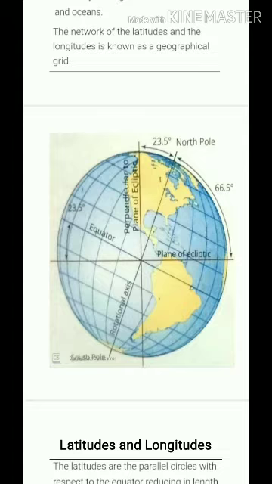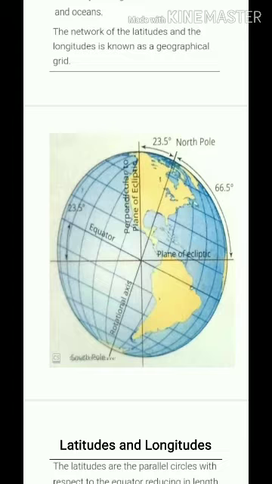Just see here. Here are the horizontal lines which run from east to west, and vertical lines which run from north pole to south pole. The vertical lines form semicircles and the horizontal lines form the parallels.